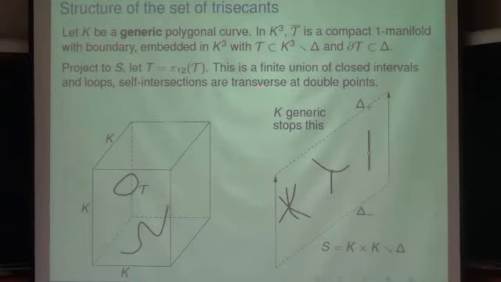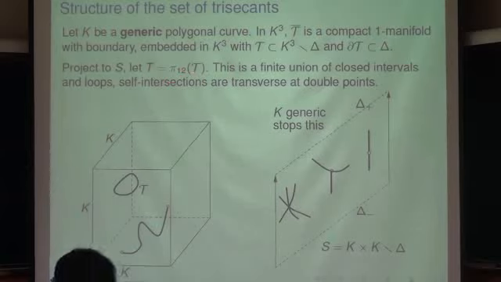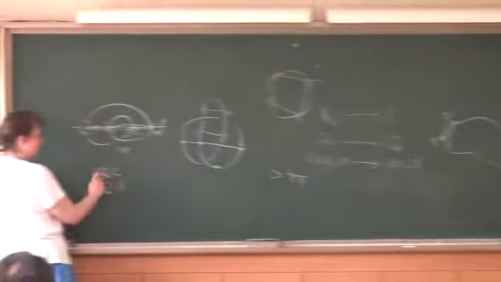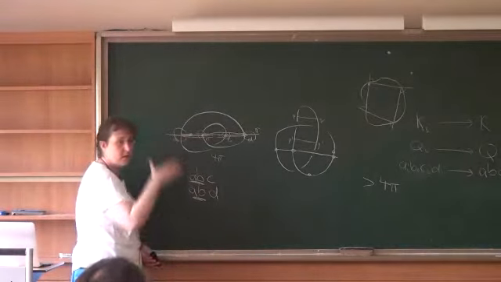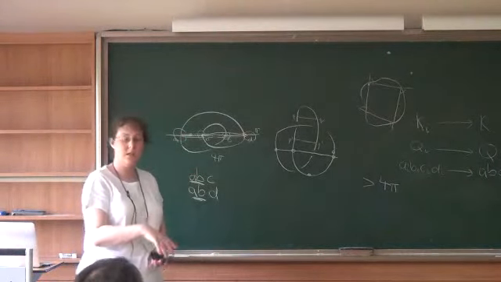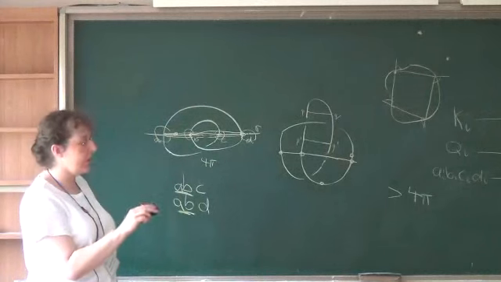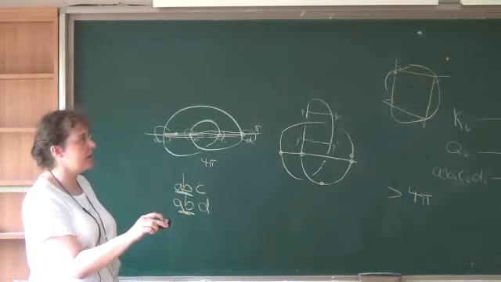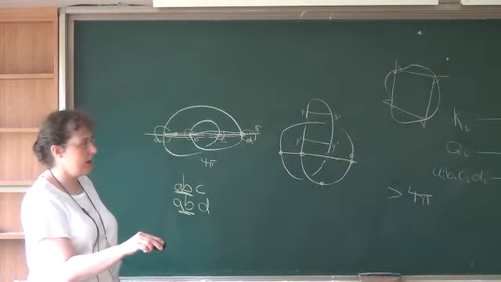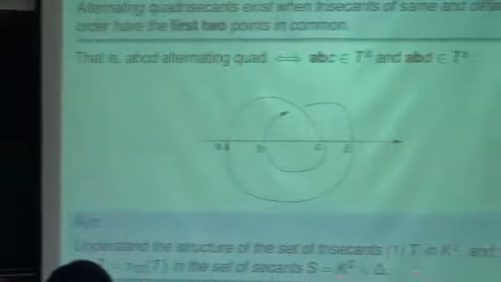And then you can project down to the first 2 coordinates. Remember, we're interested in the first 2 points. So I'm going to project, pi 1, 2, sorry. So back here, I'm going to take the projection of this thing down to the set of secants.